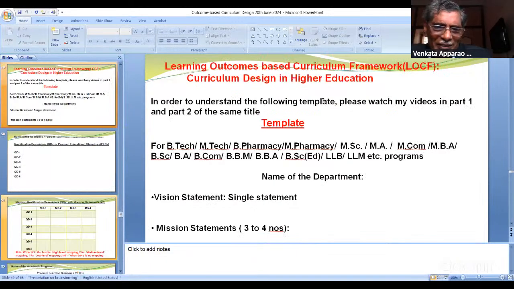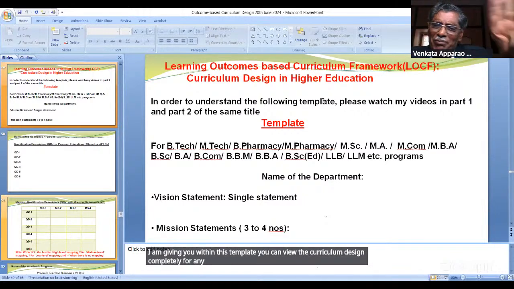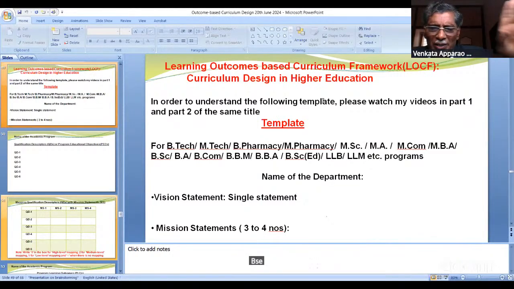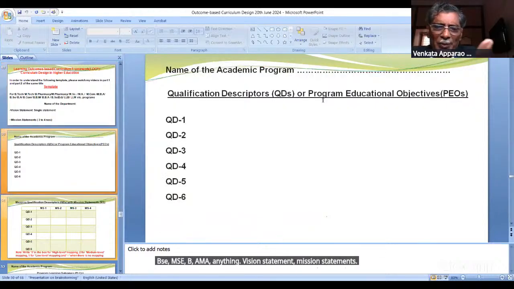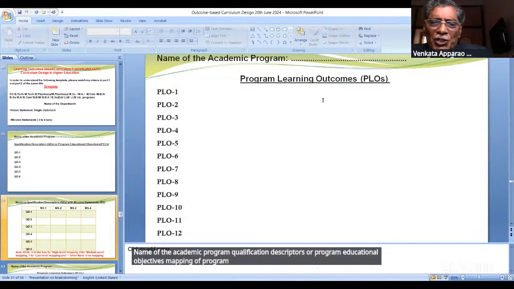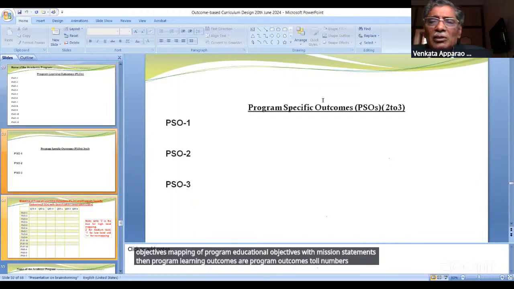Then this is the template I am giving you. Within this template, you can give the curriculum design completely for any program: BTech, MTech, BPharm, MPharm, MBA, BBA, BSc, MSc, BA, MA, anything. Vision statement, mission statements, name of the academic program, qualification descriptors or program educational objectives, mapping of program educational objectives with mission statements, then program learning outcomes or program outcomes, 12 numbers, 11 numbers for NBA UG program.